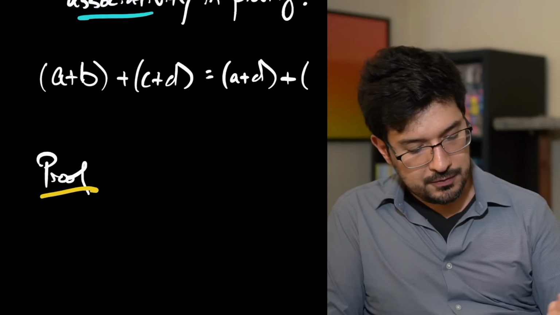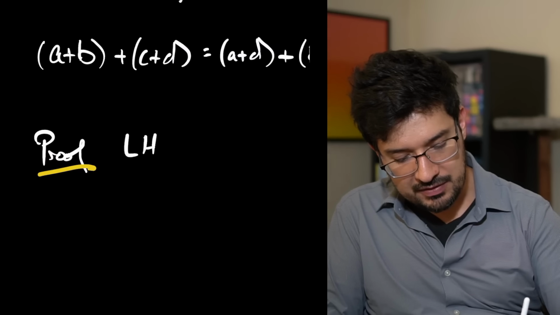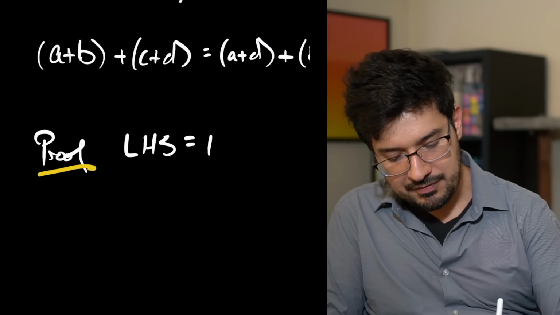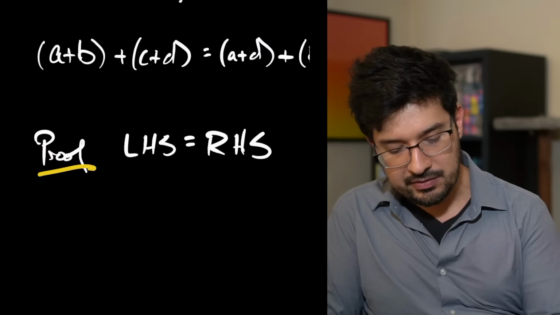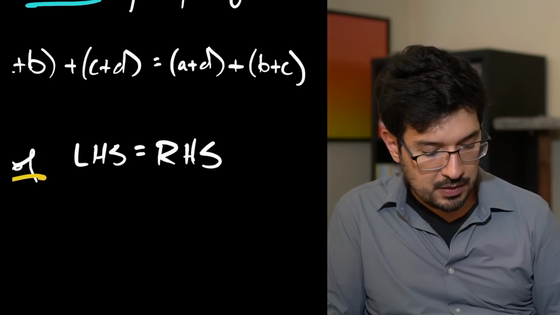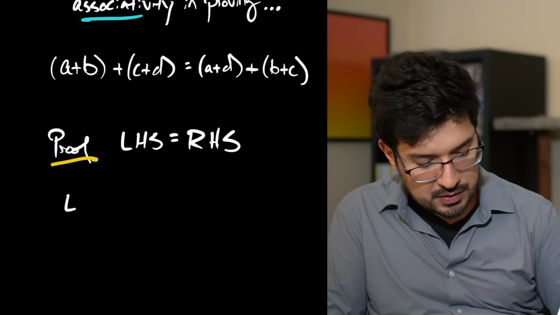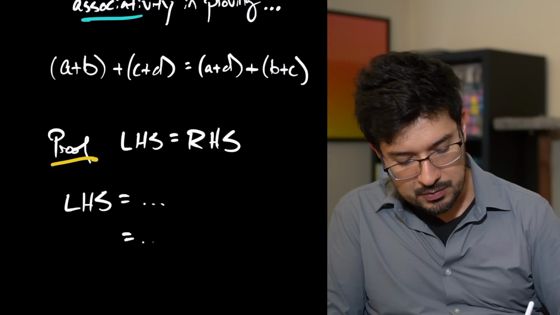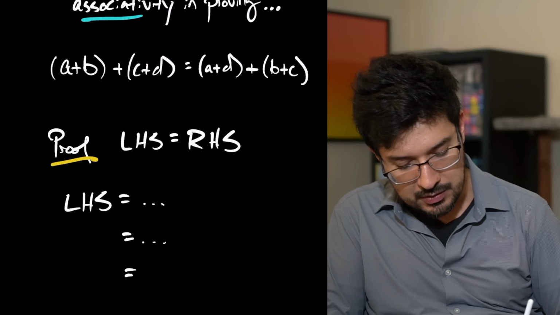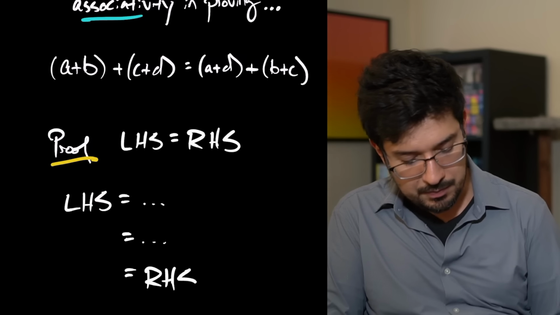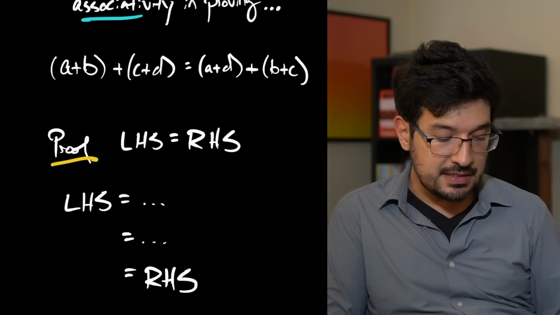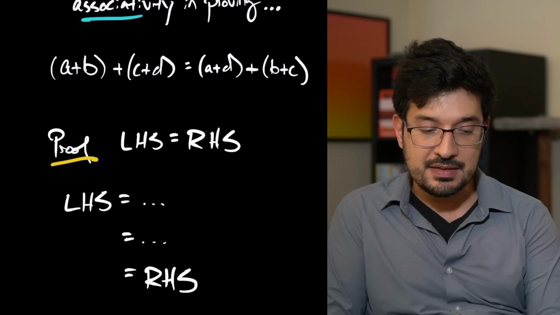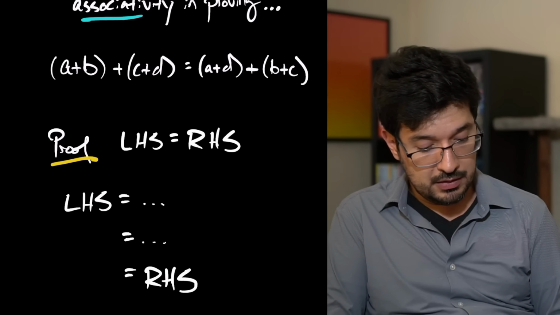This proof is of the form left-hand side. We want to show that the left-hand side equals the right-hand side of this identity. One way to do that is to assume the left-hand side, rewrite it until we get to the right-hand side. And this is the method of proof that this exercise is asking for.